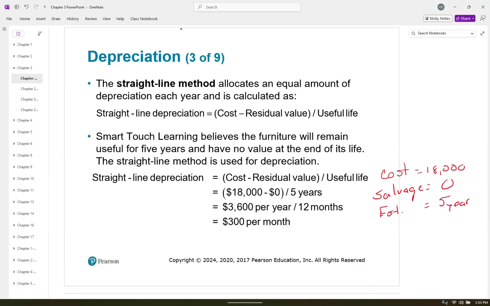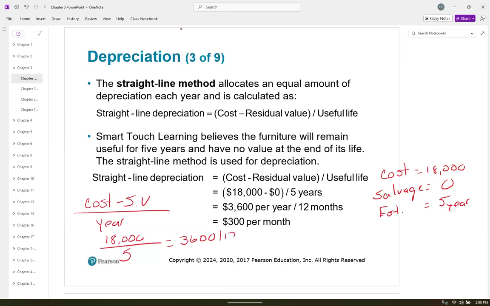How you calculate that: cost minus salvage value divided by years. There was no salvage value. They said it was going to be worth nothing at the end of its life. So we end up with 18,000 divided by 5, which gives us a per year amount of 3,600.